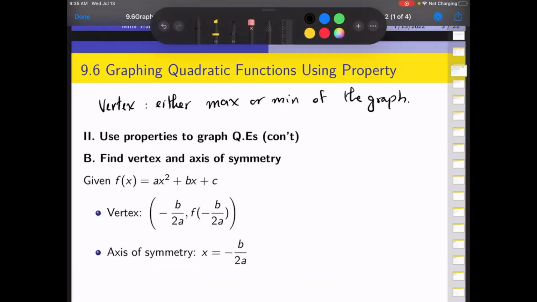If it opens up, the vertex is at the bottom, so it's the minimum. If it opens down, like a sad face, the vertex is at the top of the mountain, so it's the maximum.